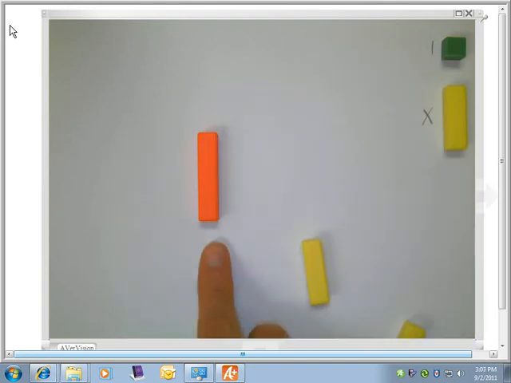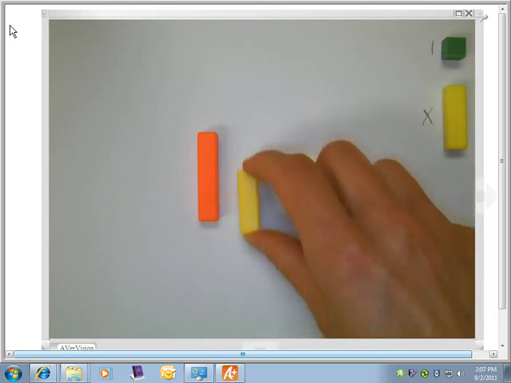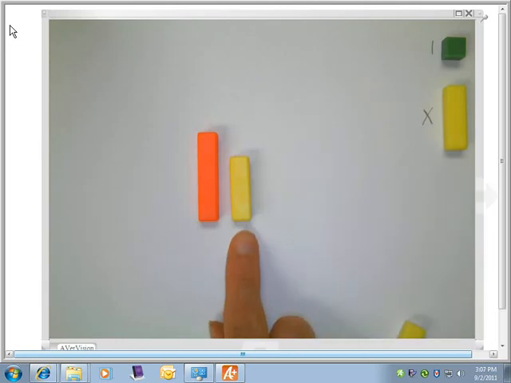But we can't call it x because x is our yellow rod right here. We didn't know what our yellow rod was either, and we don't know what our orange rod is. If I call my orange rod x, I have a problem.